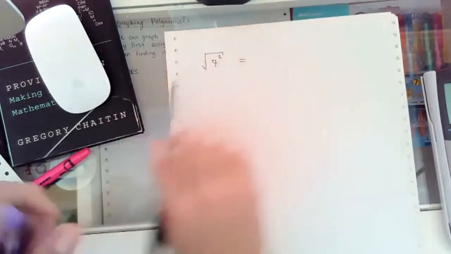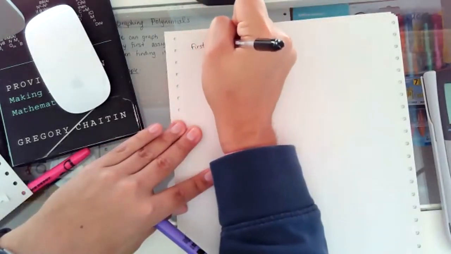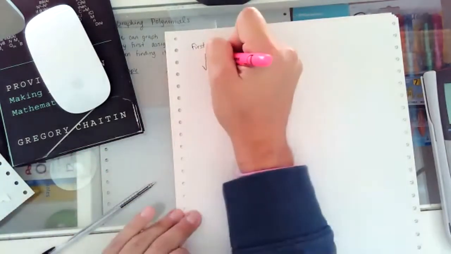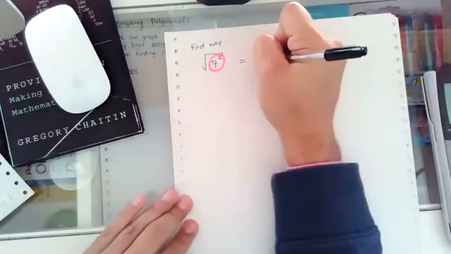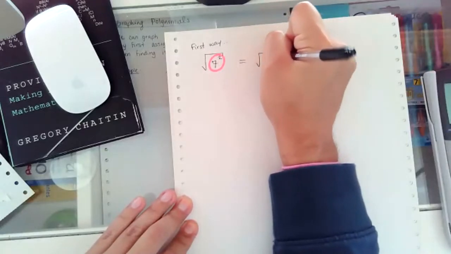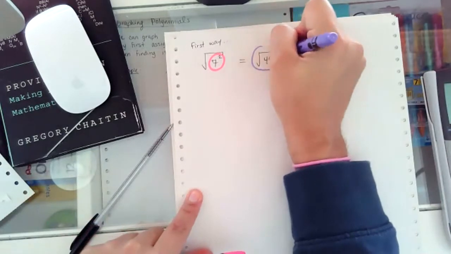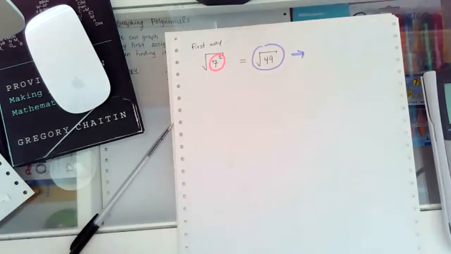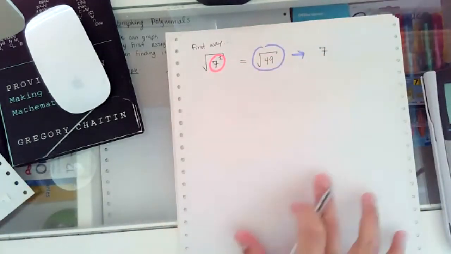You could do it 2 ways. The first way is that you could simplify this step by step with little baby steps. You could say, this is 7 squared, and we'll take care of everything on the inside of the square root. So this will be 49. And then you can handle the square root part, which takes you back to 7. And so 7 would be the simplified version of this original problem.